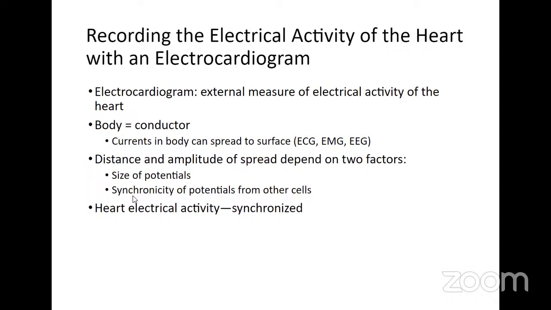So the distance and the amplitude of the spread, like how high the peaks are, depends on the size of the potentials and depends on how synchronized potentials are within the heart, okay? And the heart, fortunately, is very synchronized, which is part of why we can sense it so well.